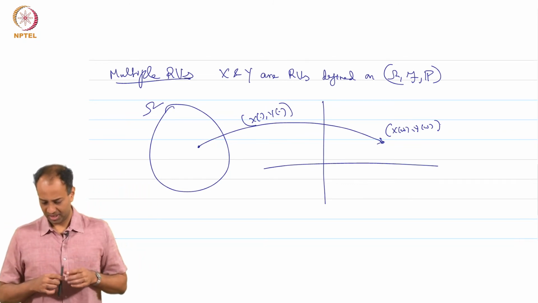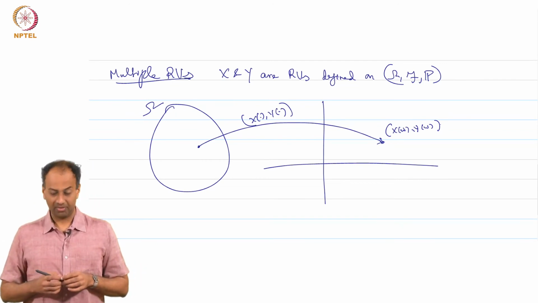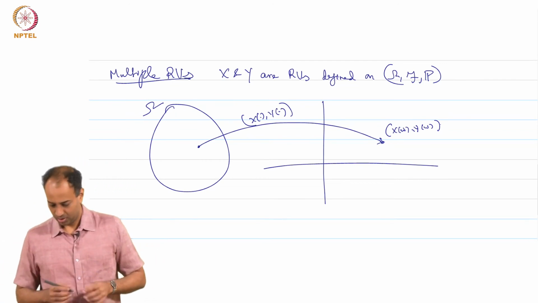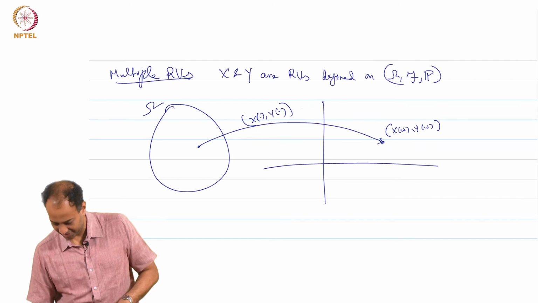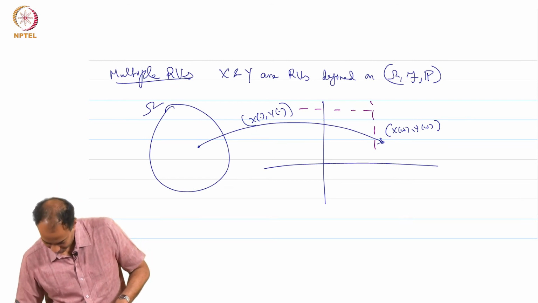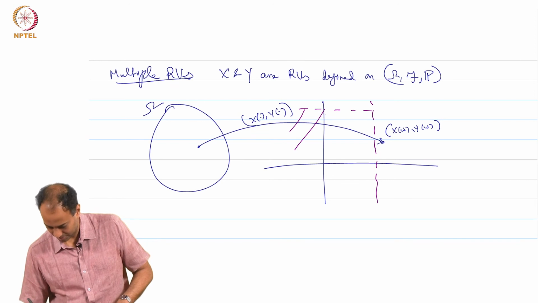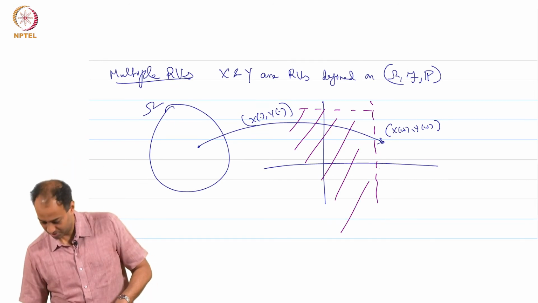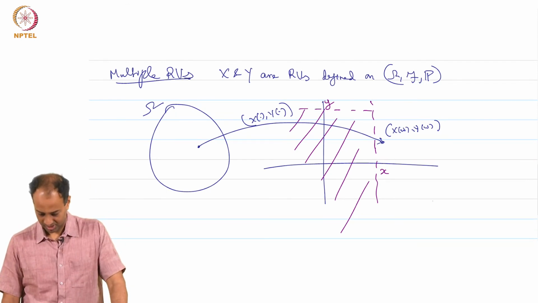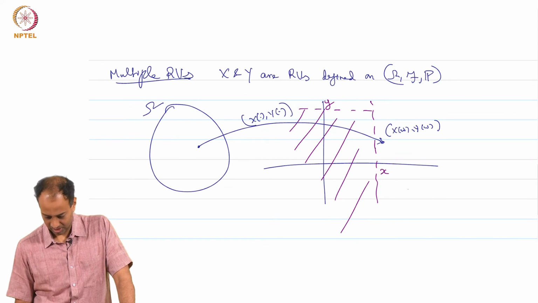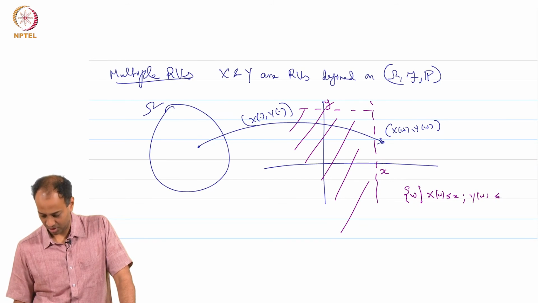Now, what can be shown is that just like you have a CDF in the one dimensional case, if you have the semi infinite rectangles, for some little x here and some little y there, you can consider the omegas for which x of omega is less than or equal to x and y of omega is less than or equal to y.